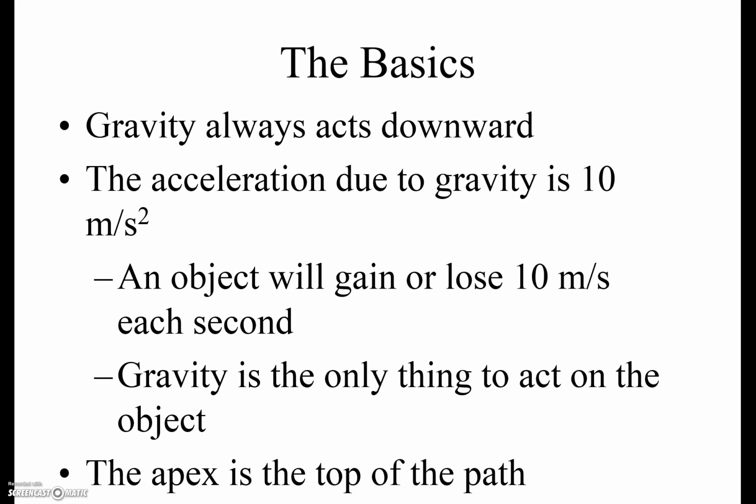Every second after that, gravity is going to act in a downward fashion, and that object is going to lose 10 meters per second every second. Eventually, it will reach its apex, where its velocity will equal 0. And then it'll start coming back down, where gravity is acting on it downwards, and it will be gaining 10 meters a second every second.